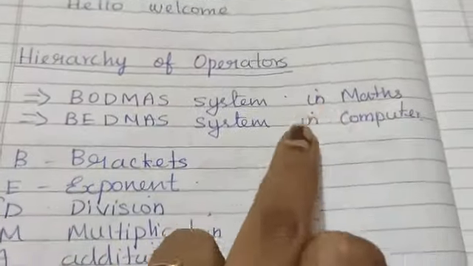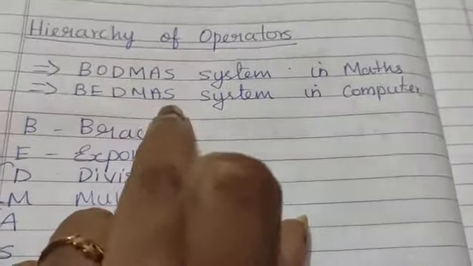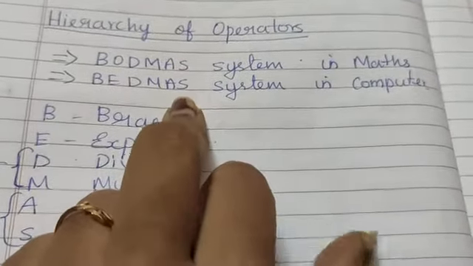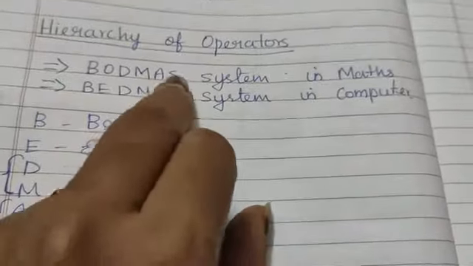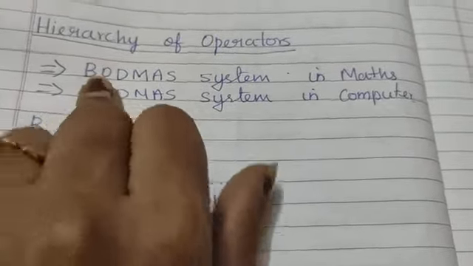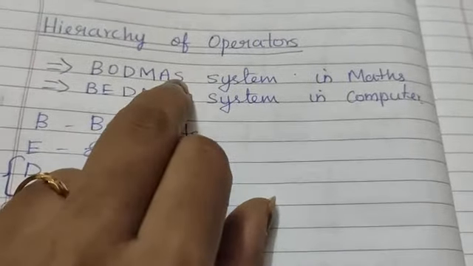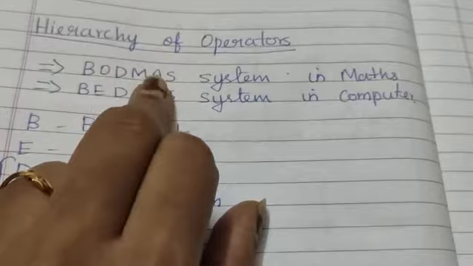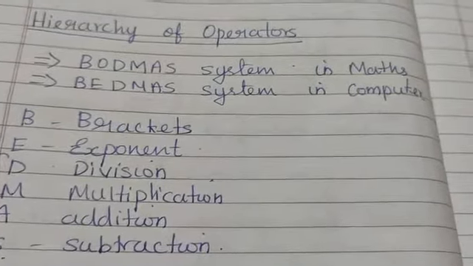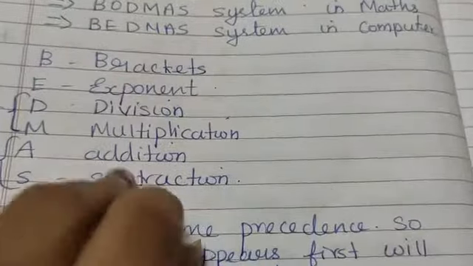Then the hierarchy of operators. As you use BODMAS in your maths, we use BEDMAS in our computer. I think you all know what BODMAS is. It is the hierarchy of operations in maths. Like that, we also have an order of operations in the computer.